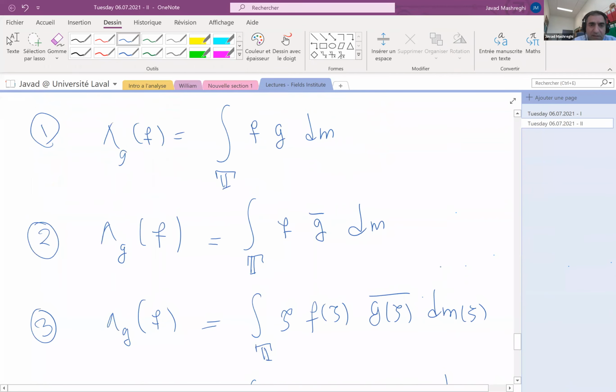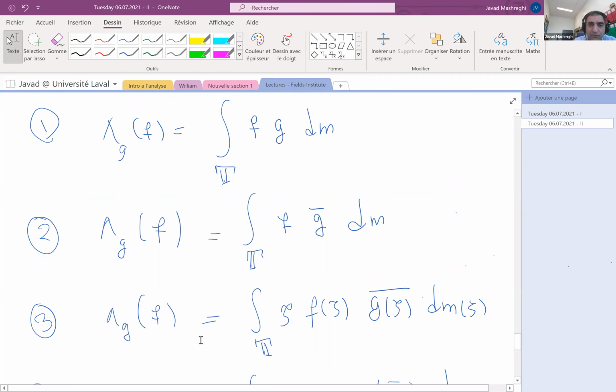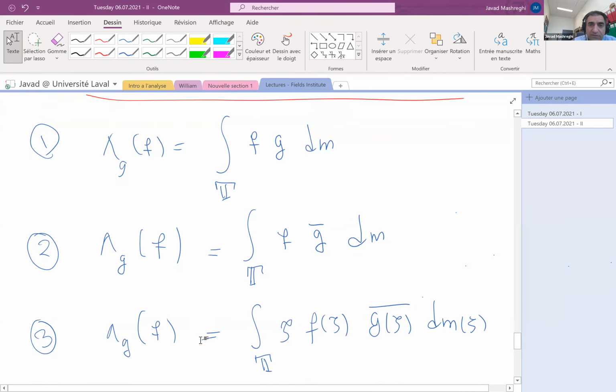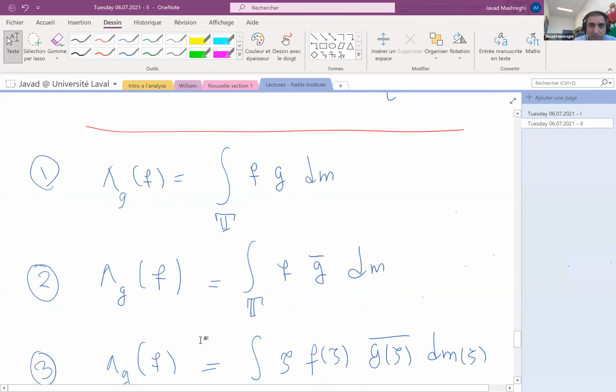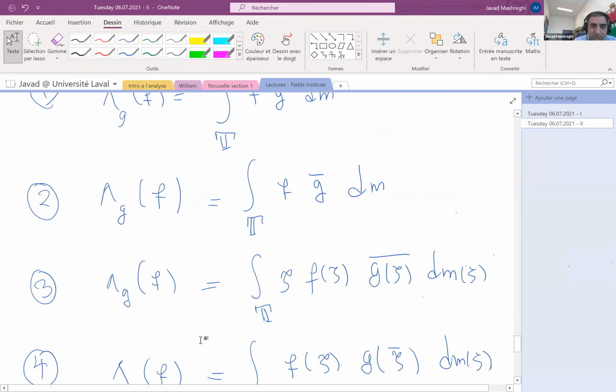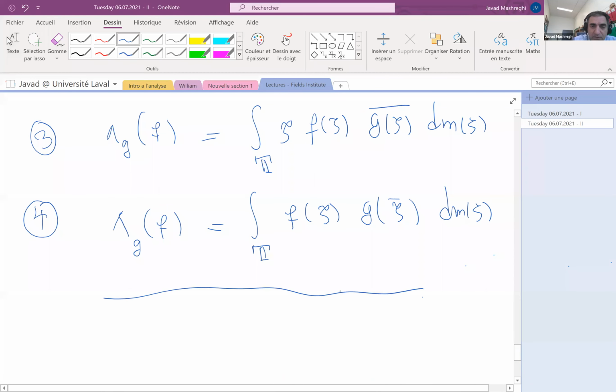The same variations which I mentioned, 1, 2, 3, 4 for g, the same variations exist for lambda mu. In other words, I defined lambda mu of f as the integral of f d mu.